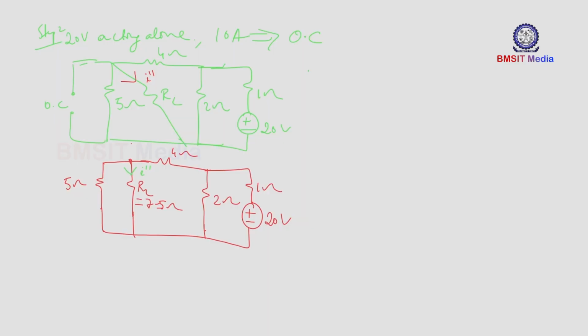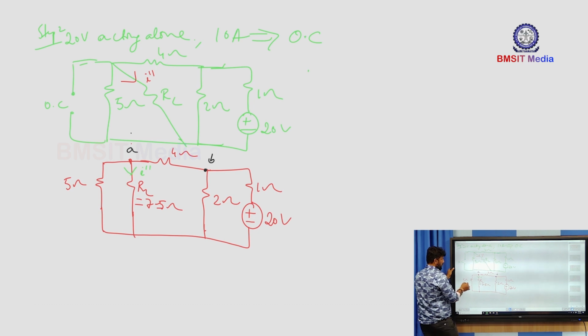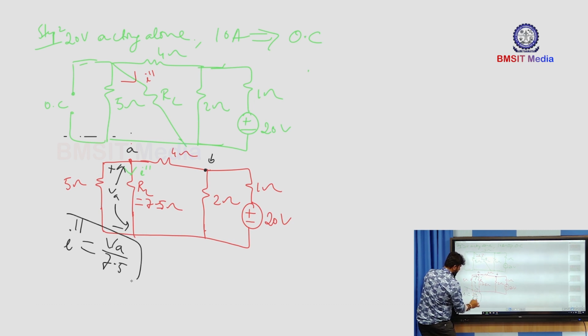I will consider two nodes, node A and node B, and apply KCL at node A and node B. The node voltage is VA, so I double dash is VA divided by RL, that is 7.5, which gives the value of the current I double dash.